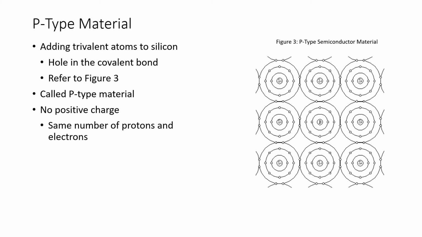And when we talk about this structure with p-type material, this place right here is going to be referred to as a hole. Again, it's not a hole in the sense of being a hole. It's simply a place where there should be an electron in this covalent bonding.